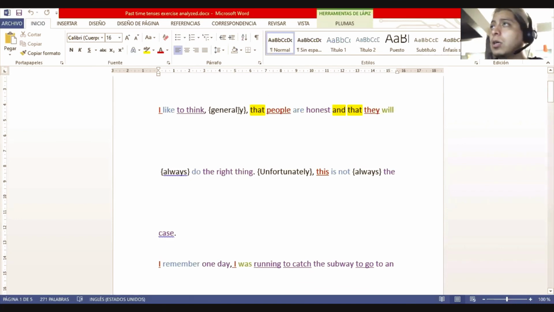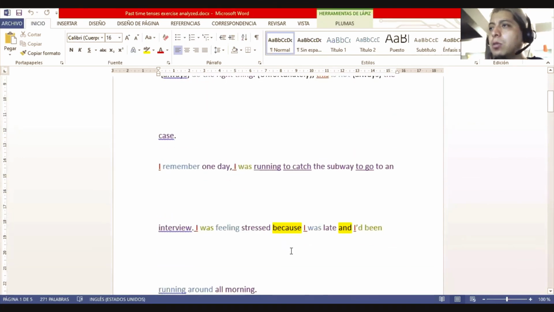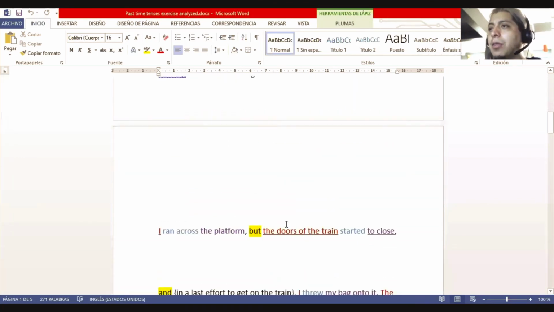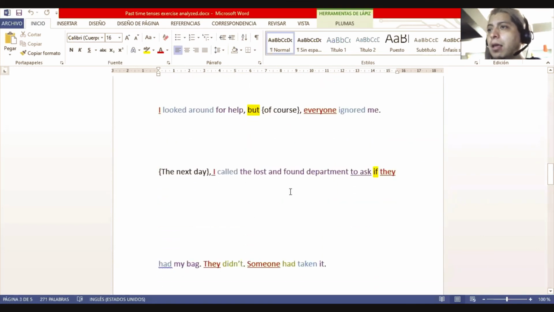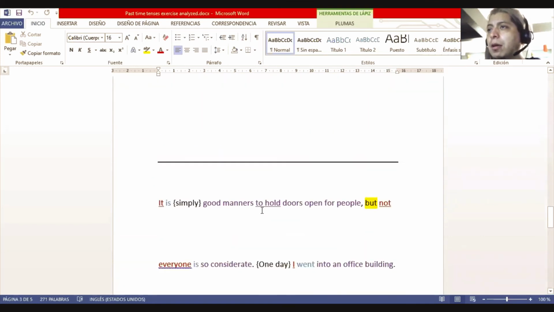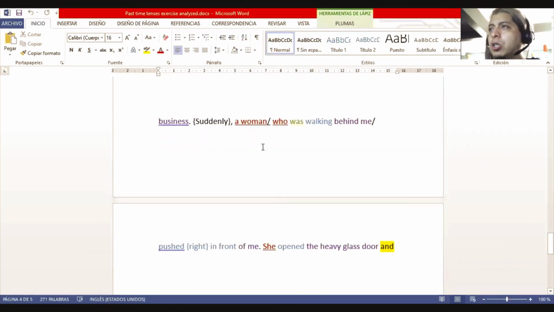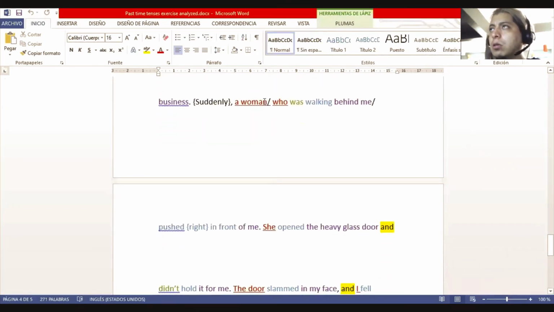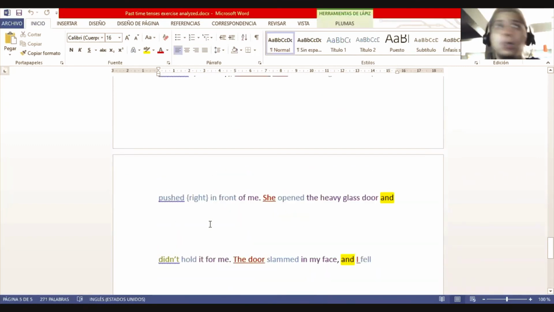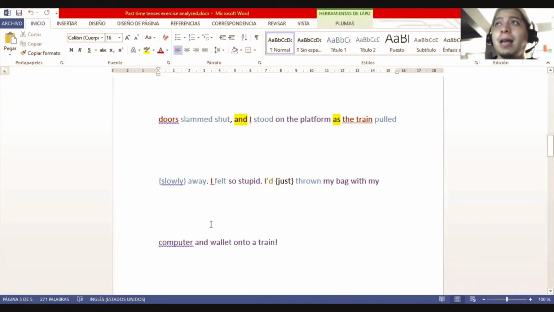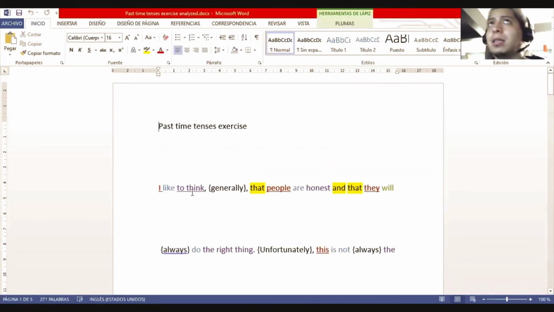Tenemos estos conectores, and that, tenemos el conector because, el conector and, el conector but, and, as, but, if, but, which, who, que bueno, está aquí siendo usado como sujeto, pero también es un conector, and that. Esos conectores nos permiten unir cláusulas. Y si ustedes se dan cuenta, entre esos conectores siempre están sujeto, auxiliar, verbo y complemento.